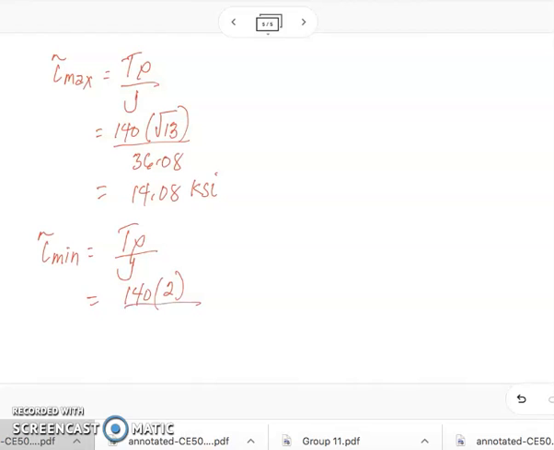All over J, 36.08. It will give us 7.76 ksi. So we now have the values for our maximum and minimum shearing stress for the 14 kip force acting on our plate without the consideration of the load P.